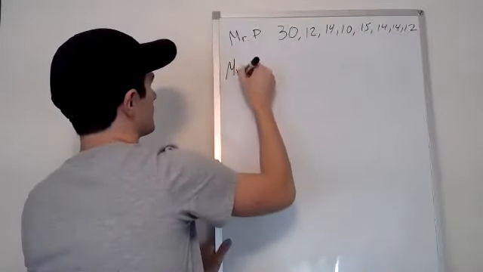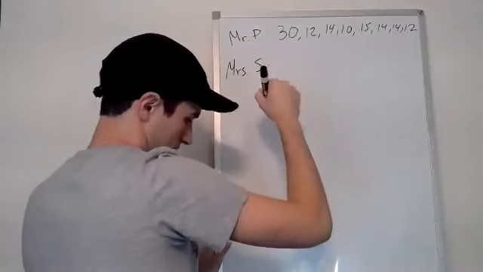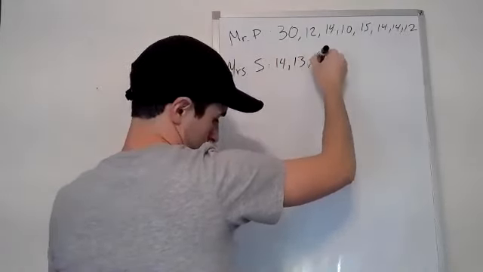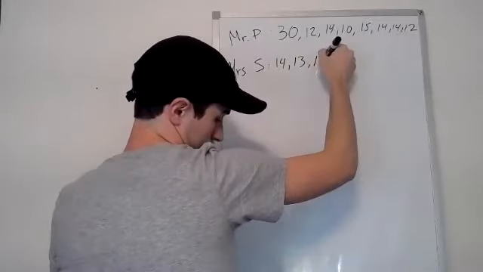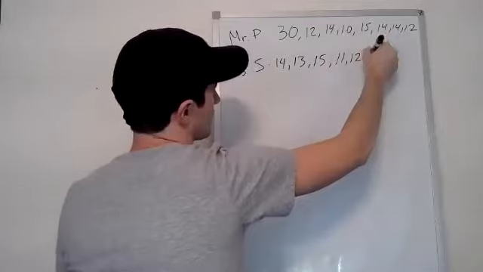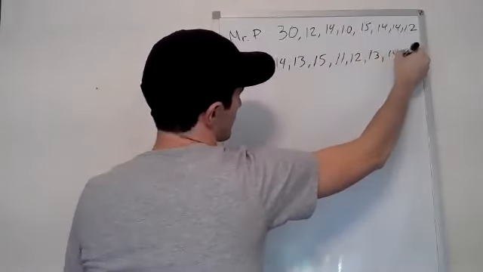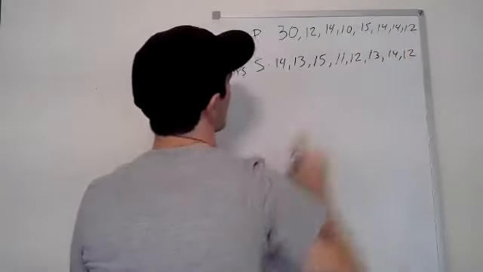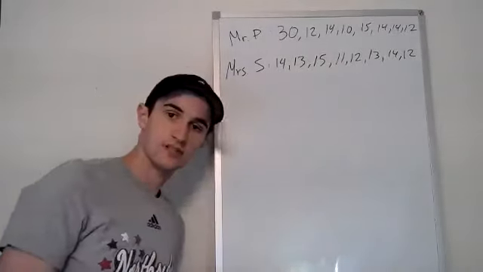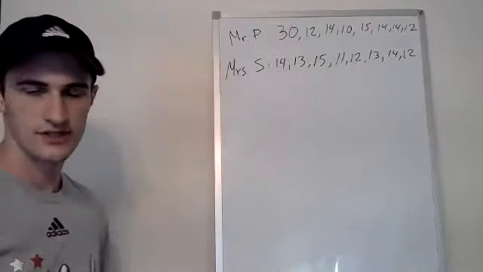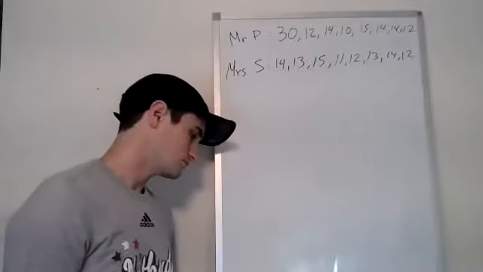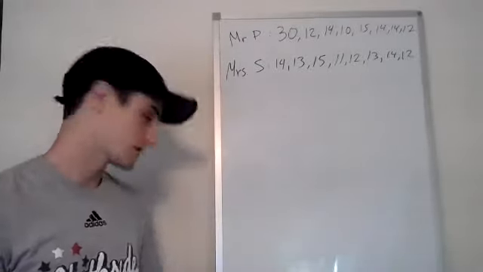And Mrs. Smith had 14, 13, 15, 11, 12, 13, 14, 12. Okay. 8 students in each class, and that's the number of digits they memorized in pi, which is an infinitely long number.